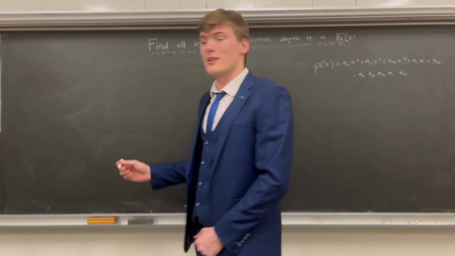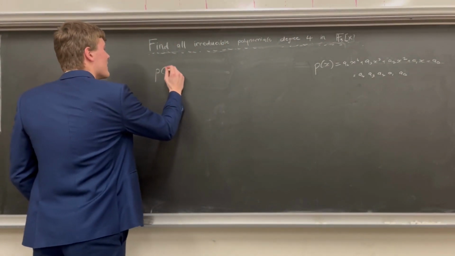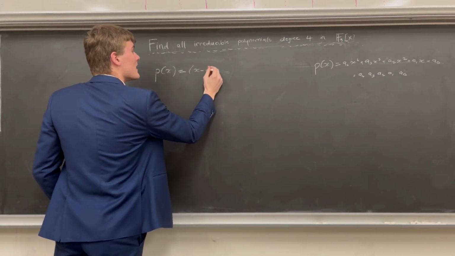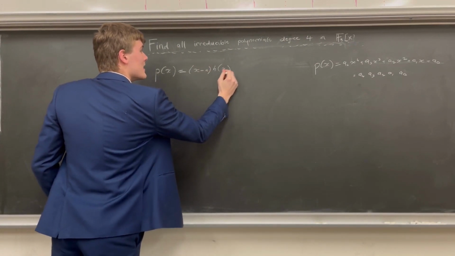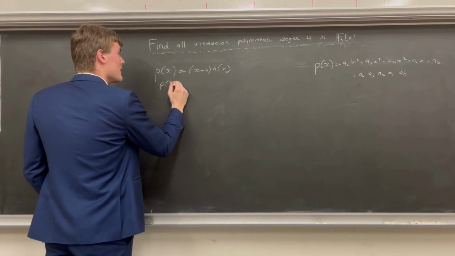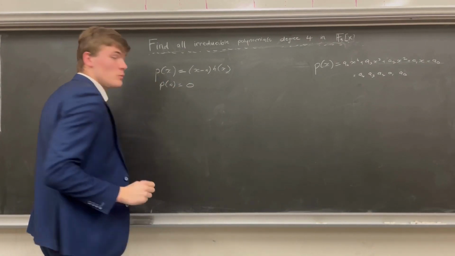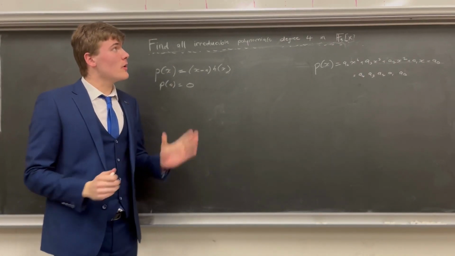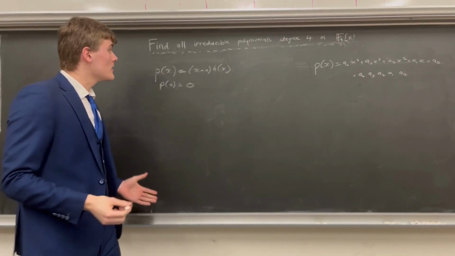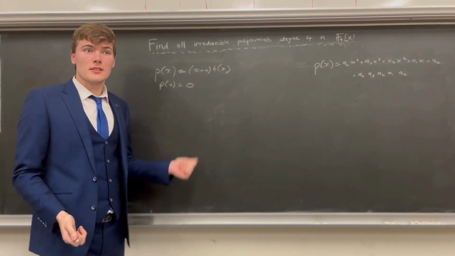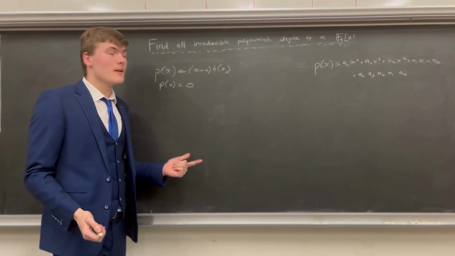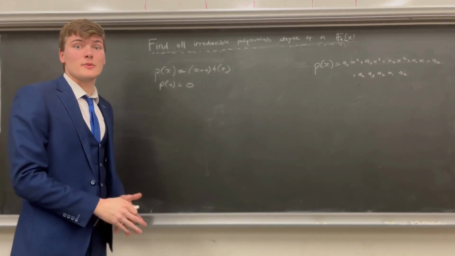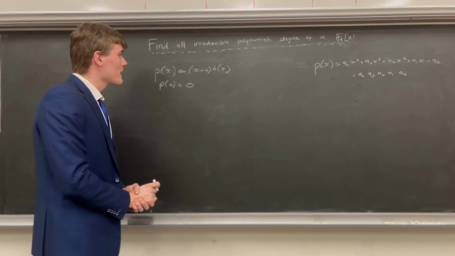If our given polynomial, p of x, has a factor of degree 1, let's say x minus a, then when we evaluate it at a, we will get 0. So what we can do is look through all of our polynomials and evaluate them at x equals 1 and x equals 2. And then if we get 0, we can cross them out.